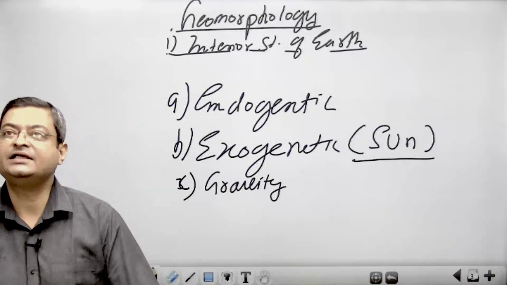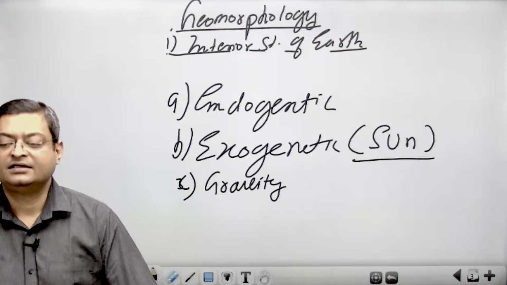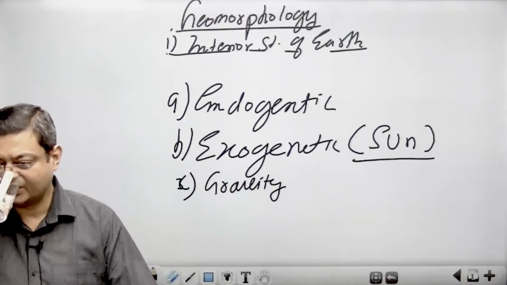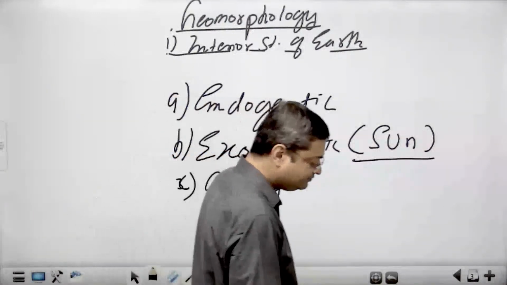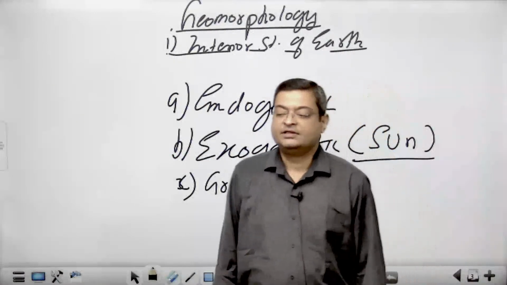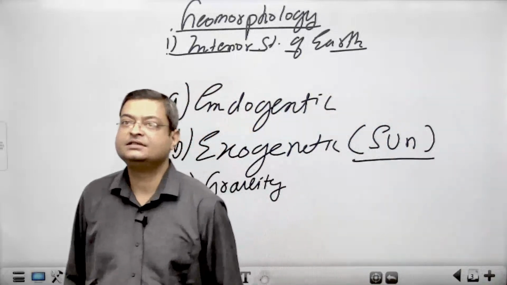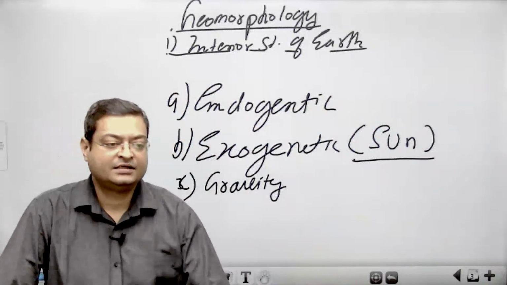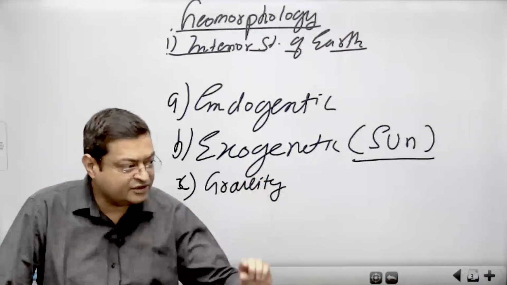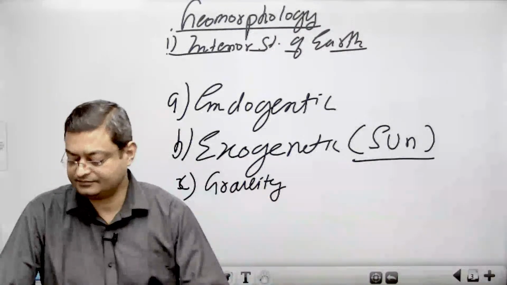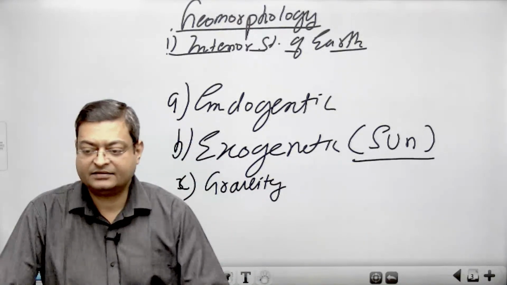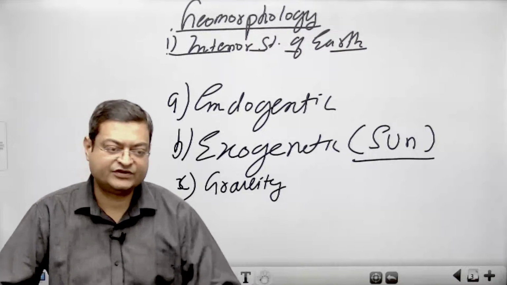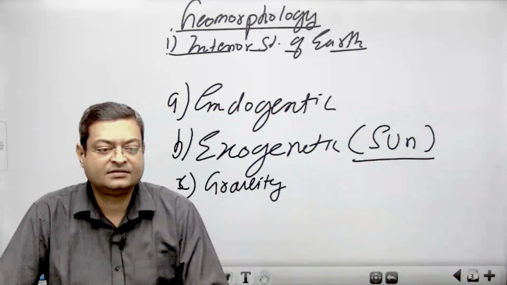Earth receives heat from three sources: endogenetic, and write down in pointwise manner: exogenetic, in bracket from sun, and then gravity.